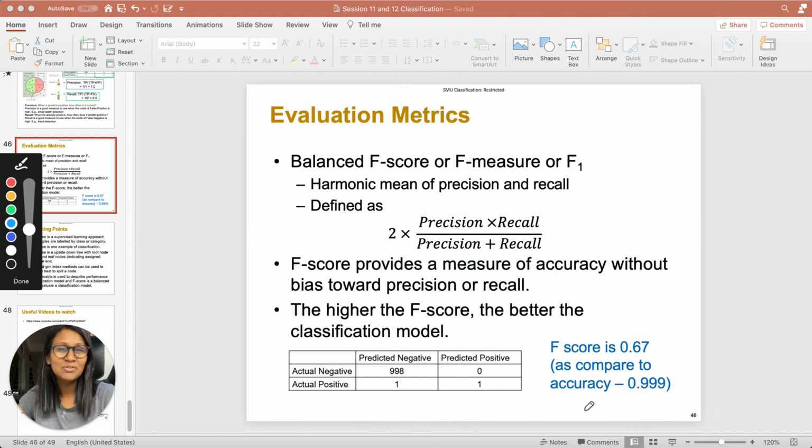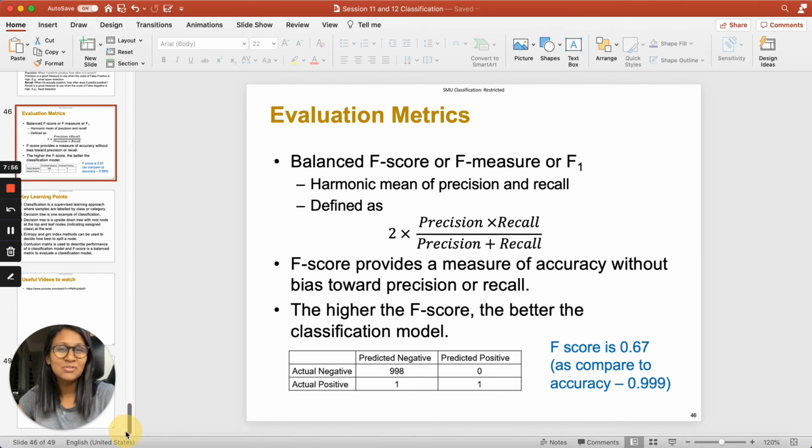In this example, where the accuracy was actually 99.9%, if you plug in the formula of the F score, you will get 67%. So when you look at the F score, it gives you a more balanced view of the model evaluation. That's all that we have.